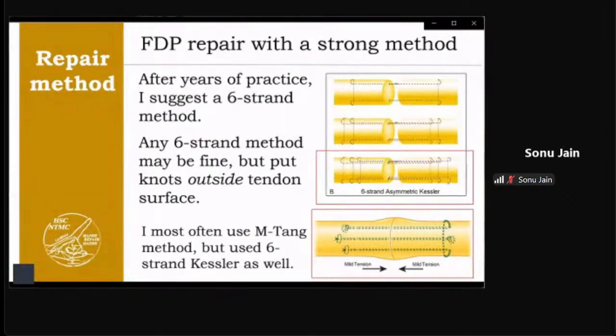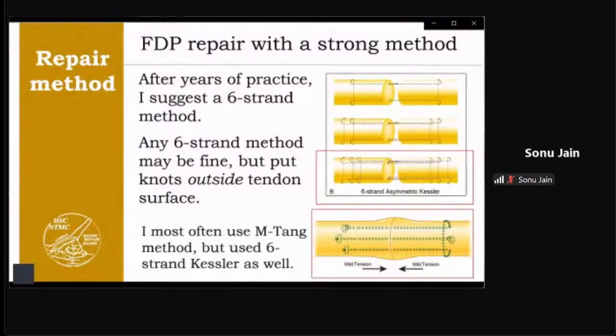And you will also see the tendon repair site is much more stable and solid with this kind of 6-strand repair instead of a 4-strand repair.